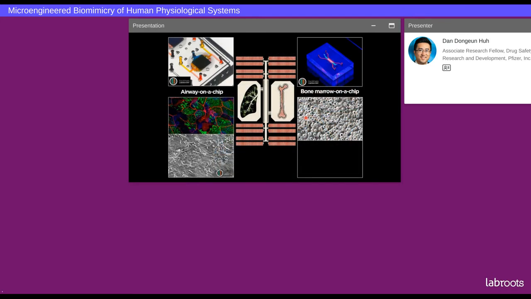So we've developed an airway model, and we've also established airway infection using a model microorganism, Pseudomonas. And we've also created the vascularized human bone marrow on a chip system using human CD34 positive hematopoietic stem cells. And this system really allows us to recapitulate the multicellular heterogeneity and complexity of the human marrow.